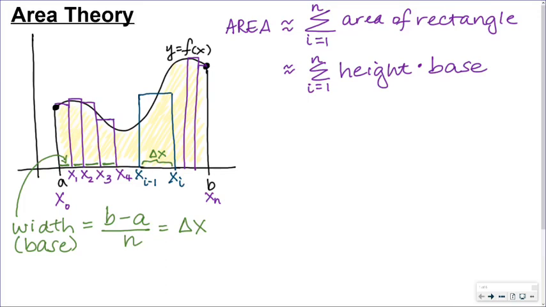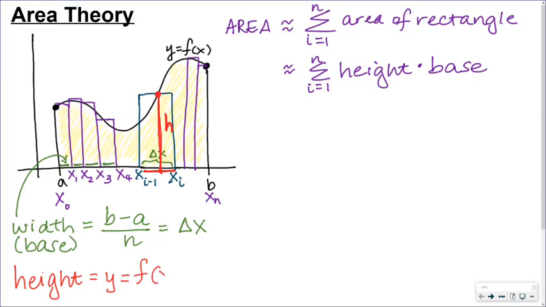Now, the height of our rectangle, how are we going to find that? Let's call the height of this rectangle the place where the rectangle touches the curve. And this value can correspond to anywhere along the base of this rectangle. So the height is a y value, or an f of x value.